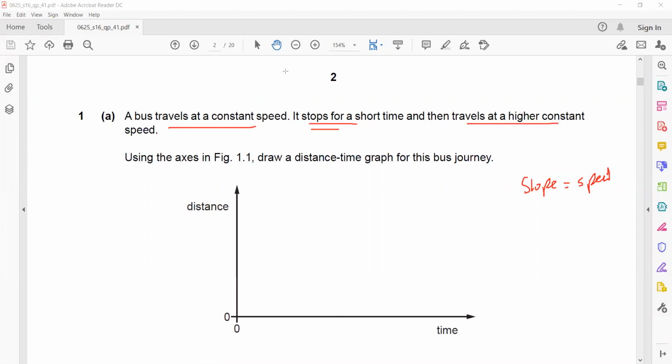And for the next part, if in the question this was a speed time graph, to represent a constant speed, the speed is not changing, so a horizontal line. Then stop, so speed should be 0.